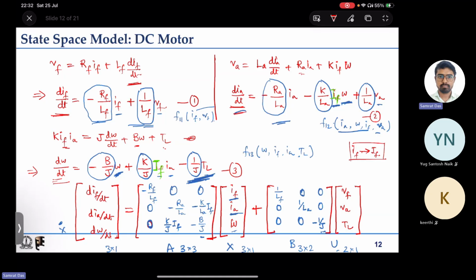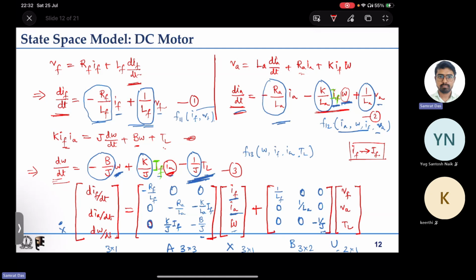Then in the armature circuit there is only a back EMF term, so only the state variable speed has its effect there. And in the speed equation, the effect of electromagnetic torque is there, which is proportional to the armature current.